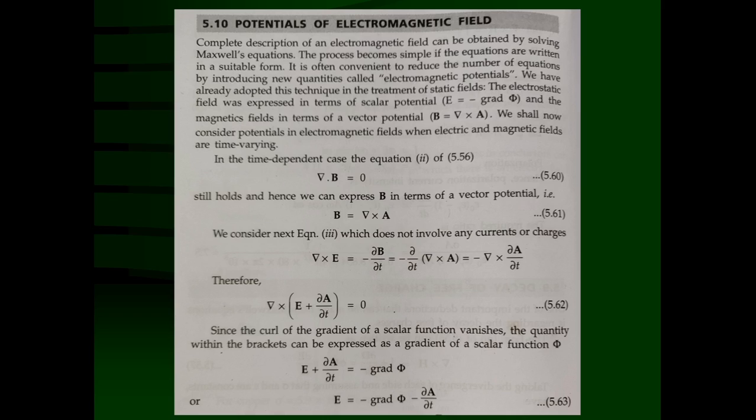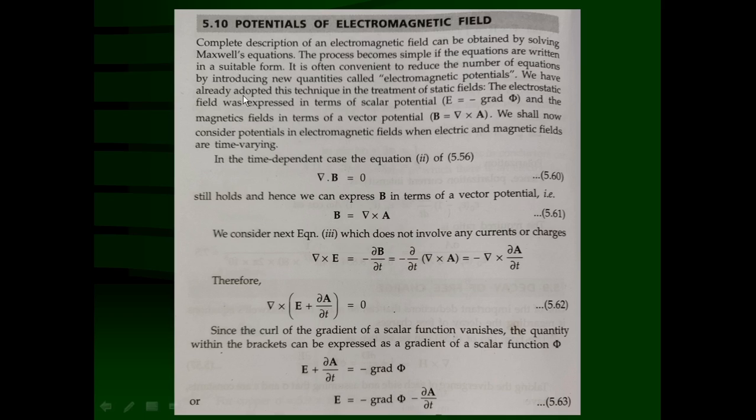So, the complete description of the electromagnetic field can be obtained by solving Maxwell's equations. Maxwell's equations represent how the electric and magnetic fields in a given volume are distributed and how they affect the electric charges.